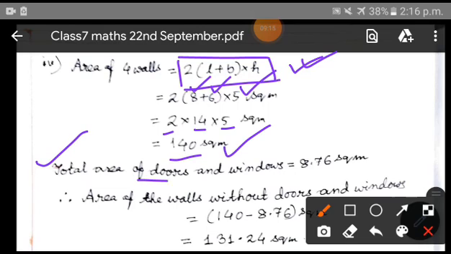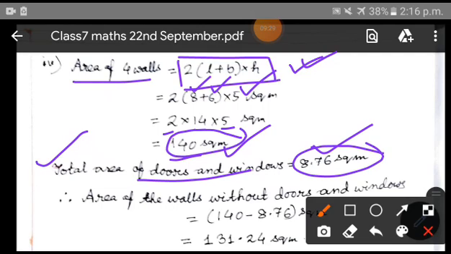Now the total area of doors and windows is 8.76 square meter, which we have just now calculated. So this is the total area of the four walls and this is the area of the doors and windows. Now how shall we find the area of the walls excluding the doors and windows?